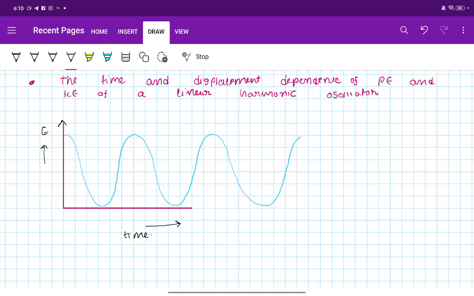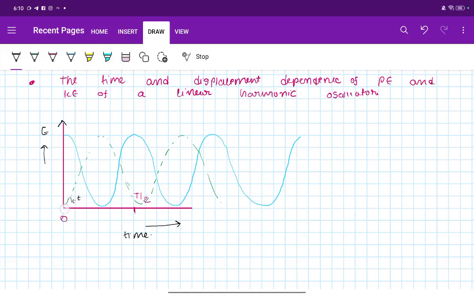The period is T by 2 as mentioned earlier. This is T by 2, this is 0. So here one is kinetic energy and another one is potential energy. So let's say this green one is the kinetic energy.